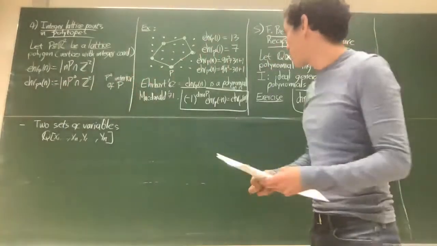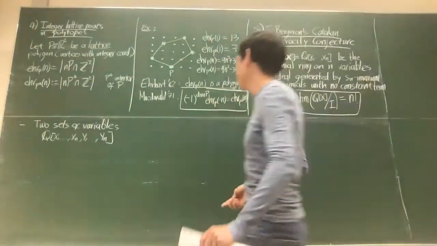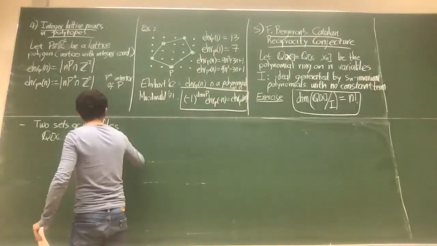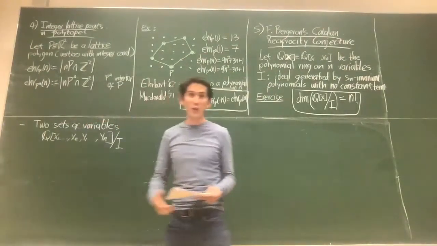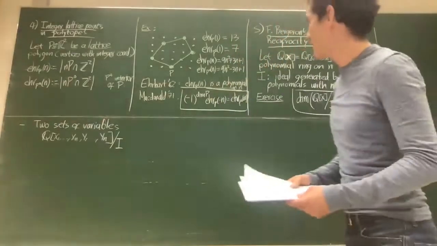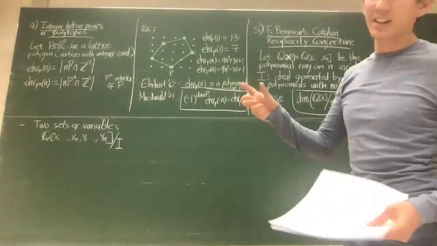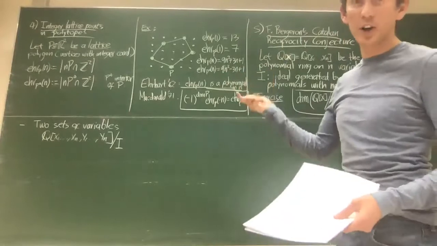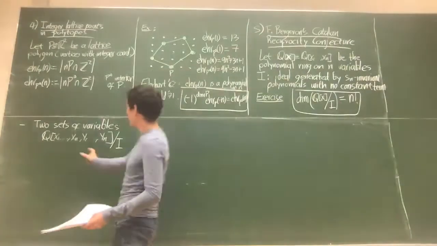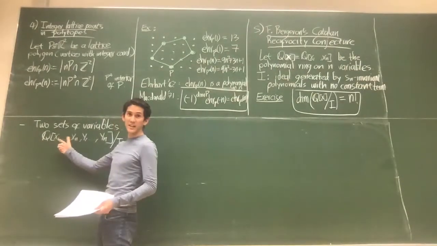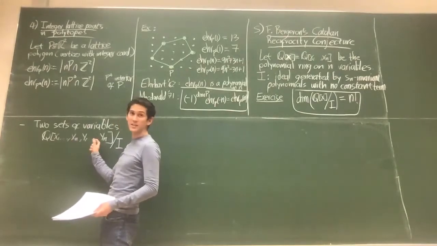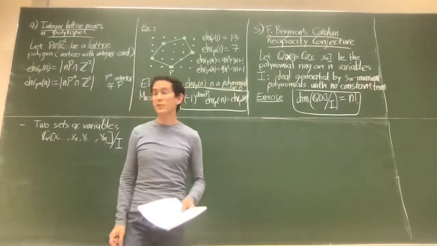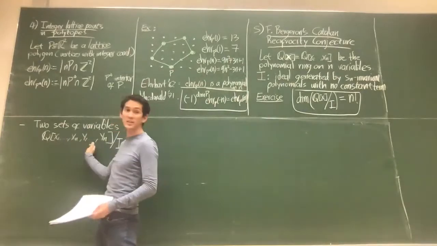And now I also quotient by the ideal of Sn invariant polynomials, and the symmetric group Sn acts on these polynomials the same way, changing indices in the x variables and changing the indices in the y variables. Okay? So if you interchange 1 and 2 here, you also interchange 1 and 2.